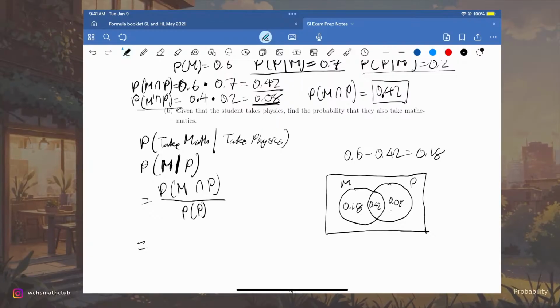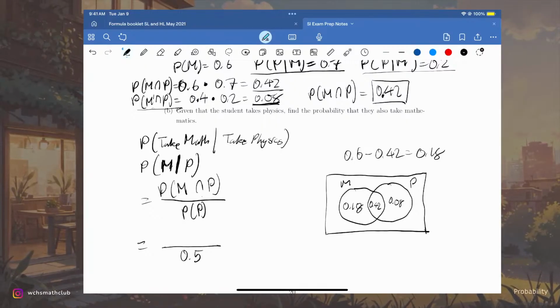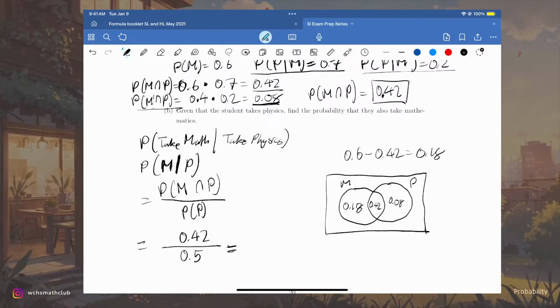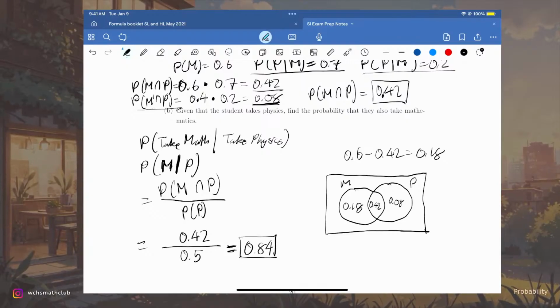Well, 0.42 plus 0.08, those are the two sections that are embedded in physics. Well, that's just 0.5. And then on the top we have mathematics intersect physics, which is just 0.42. And when we evaluate this, what we get is 0.84, which is the correct answer for part B.